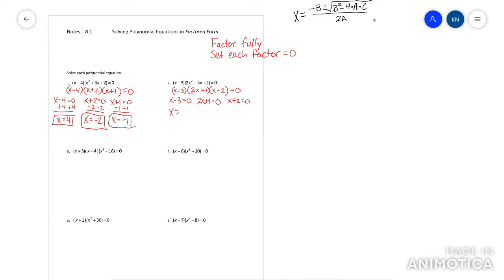So this one, I would add 3. This one, I would subtract 1. I'll show my work on this one. Then I would divide by 2. So I'd get x equals negative 1/2. And then this one on the right, just subtract 2. Nothing to it.